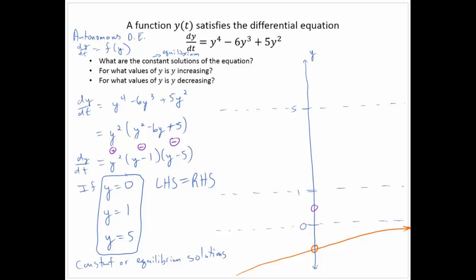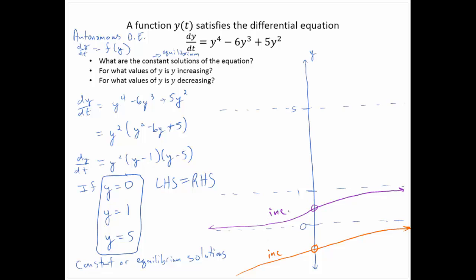And so this is also positive, and so it's increasing when y is between 0 and 1. Now it's asymptotic to the left and asymptotic to the right, so we get some kind of curve that looks like this. So I should say, here we are increasing, and this is increasing.